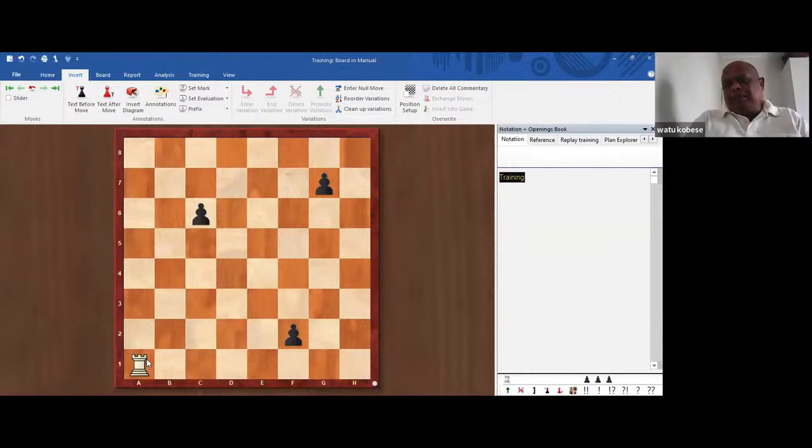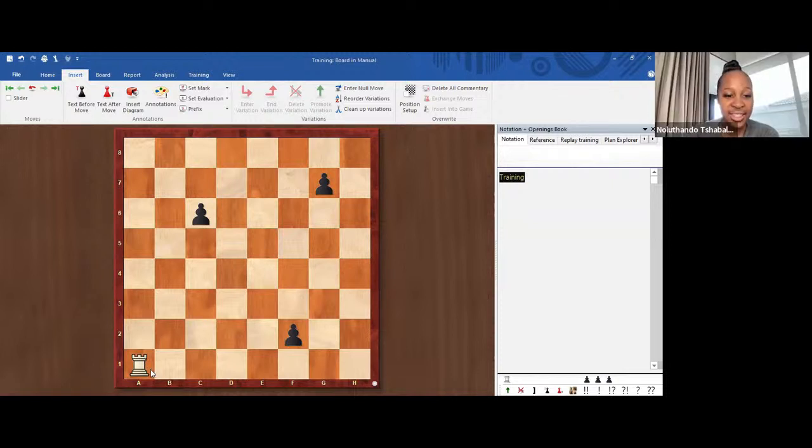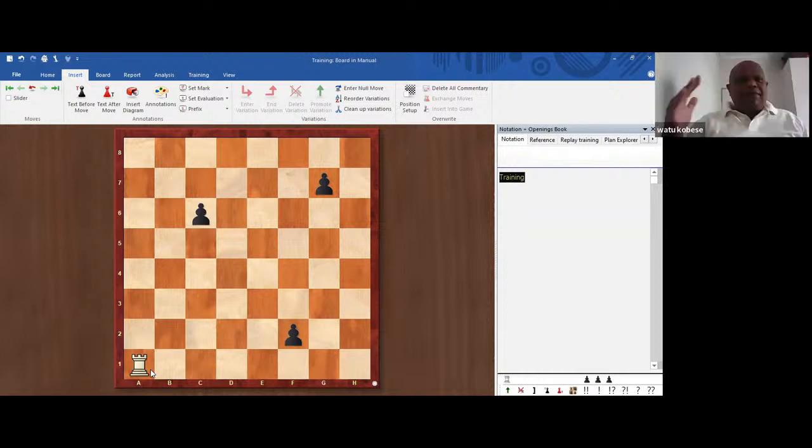Now the rook moves on basically straight lines, horizontals and verticals, but in chess we call these files and ranks, okay? The files are the ones that are shown with the alphabets. For an example, the rook is on the A file. So the whole file here, that is the A file.